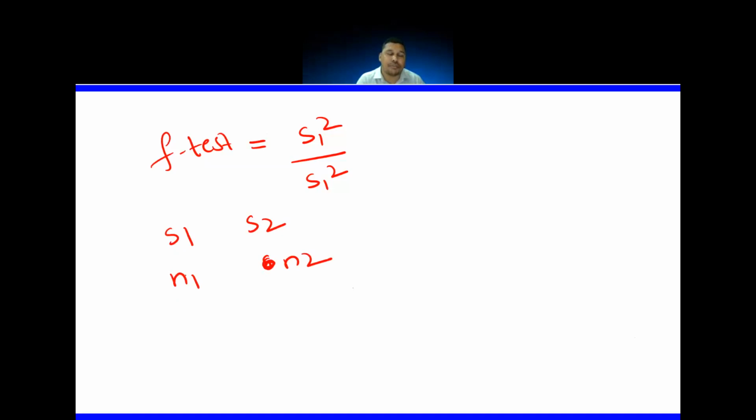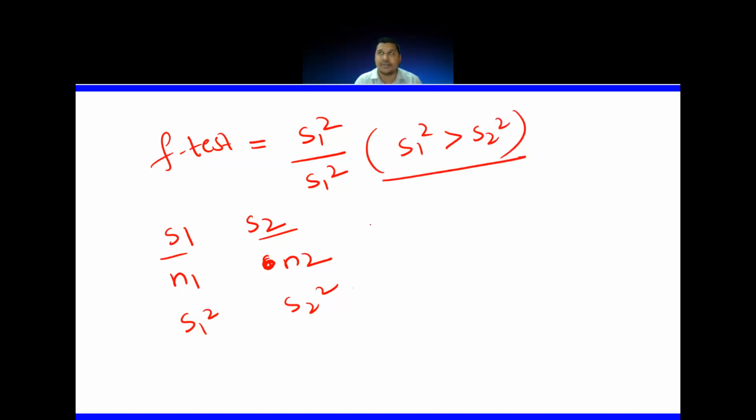The variance of sample S1 is S1 square, here it is S2 square. Whichever is larger should come on top as numerator. So in this case, it is believed that S1 square is greater than S2 square.